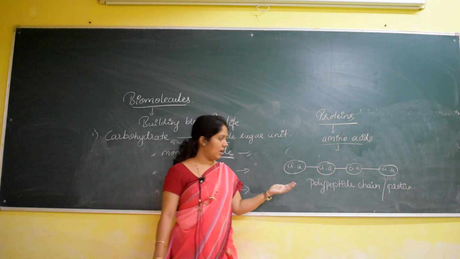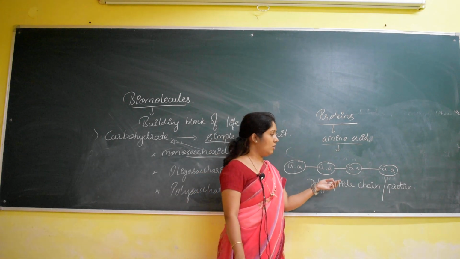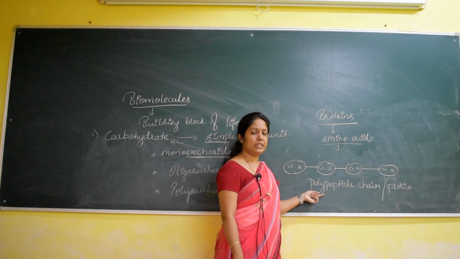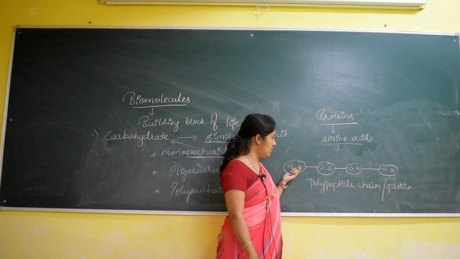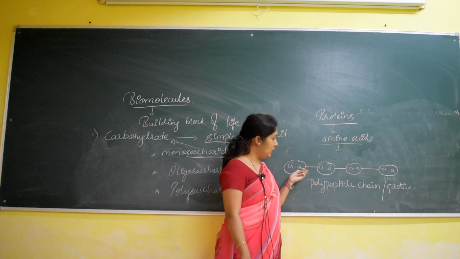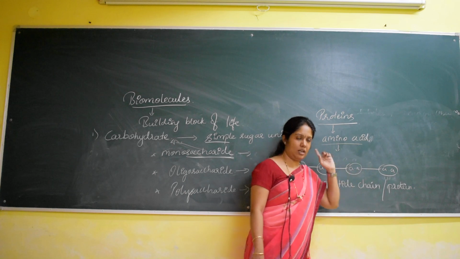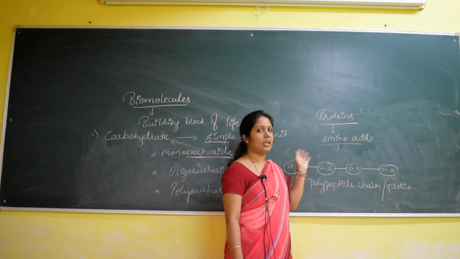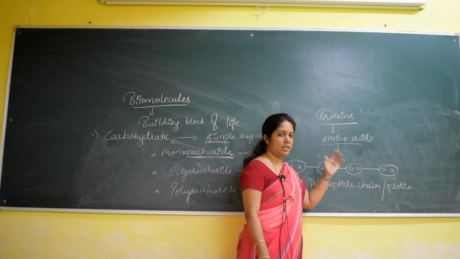Another very important term we use for protein is polypeptide chain. Why polypeptide chain? Poly refers to many: several amino acids are linked to one another. I have written just 4, but there will be many; you can't say the exact number.